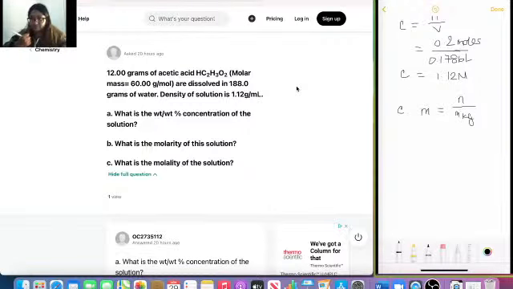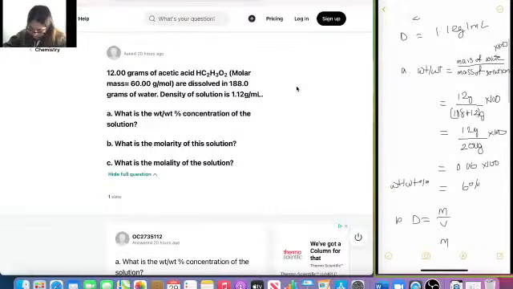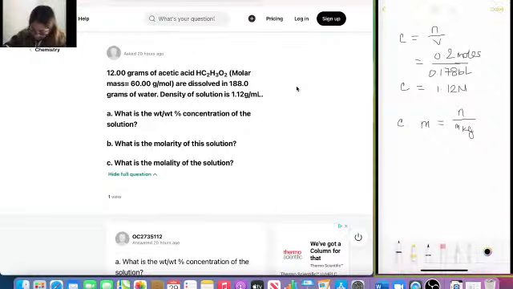Since our total mass is 200 grams, we can convert this into kilograms: 200 grams times 1 kilogram over 1,000 grams, so our mass is 0.2 kilograms.